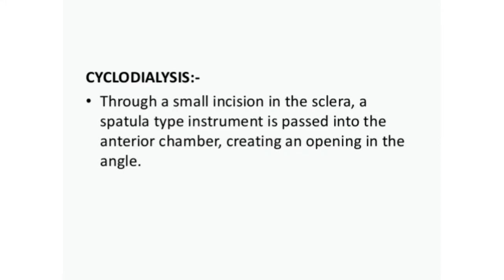So it is just a kind of dialysis, but in the eye. Small incision in the sclera is made, a spatula type of instrument is inserted into the anterior chamber, and this will create an opening in the angle.